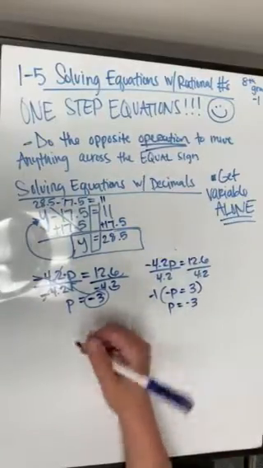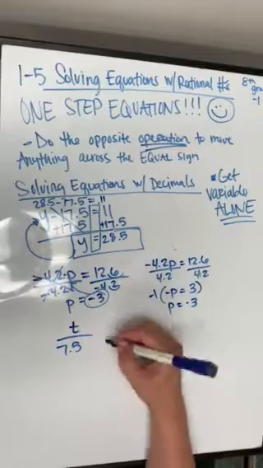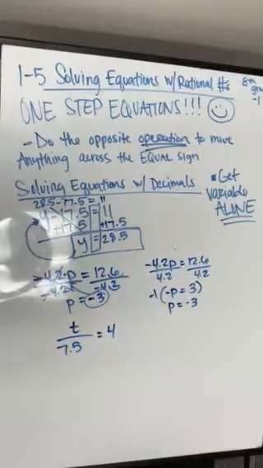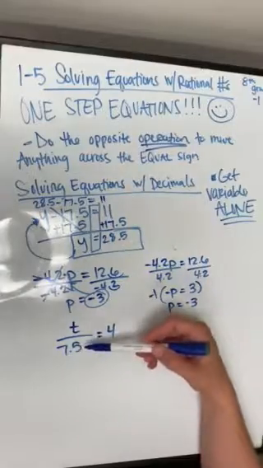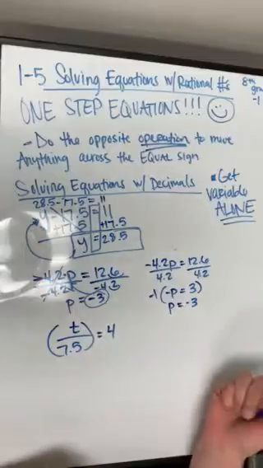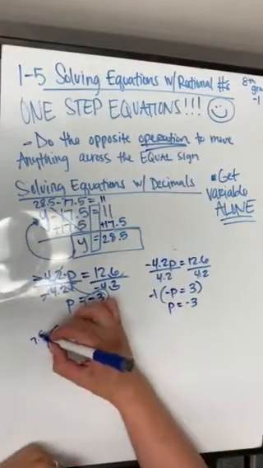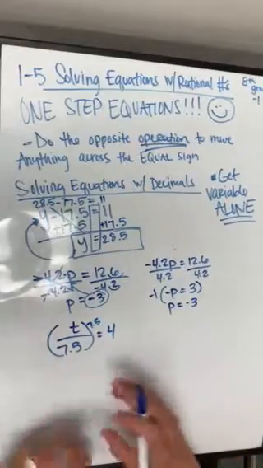Okay, let's do another one. So if we have t over 7.5, let's say it's equal to 4, we'll notice that our variable is being divided by 7.5. Well, to get rid of division, we want to do multiplication. It doesn't matter if I times it over here or if I times it over here. All that matters is I know I am multiplying it.